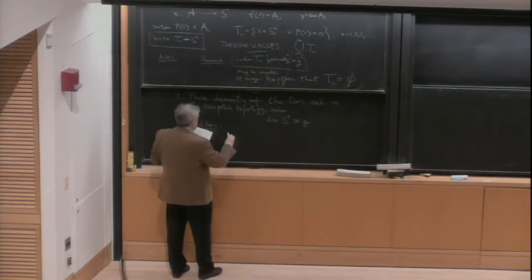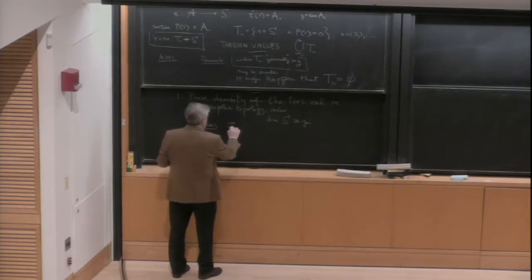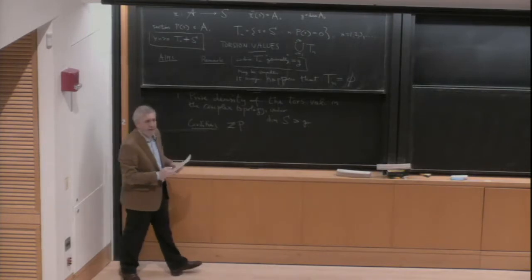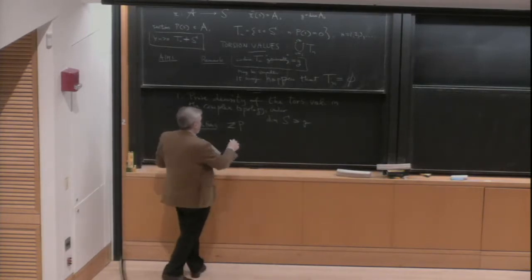The first condition is that the set of multiples of the section is Zariski dense in the whole space.